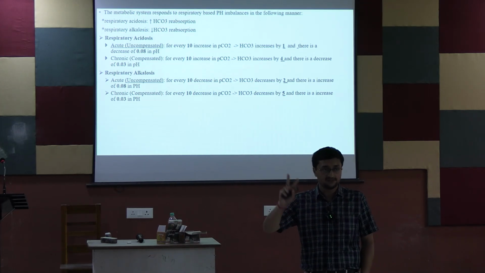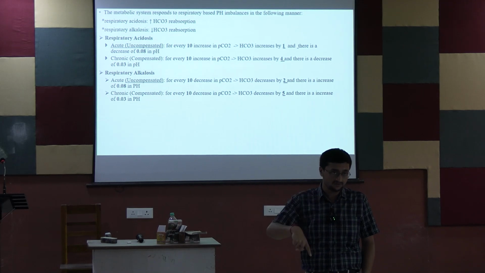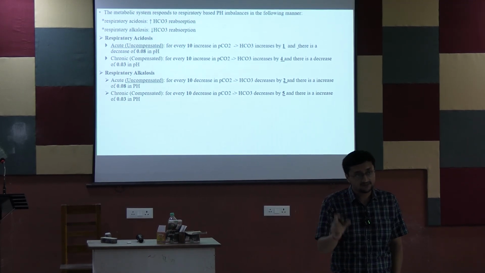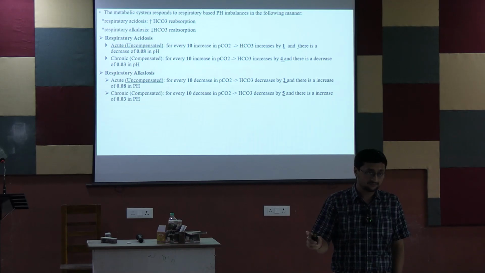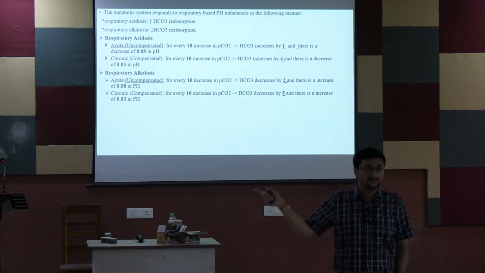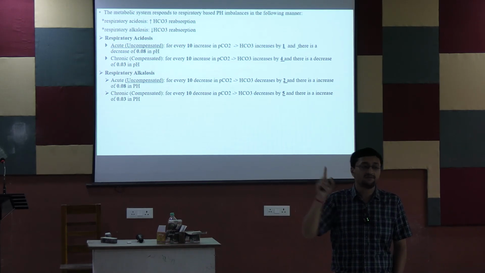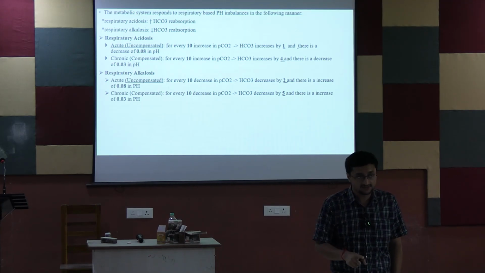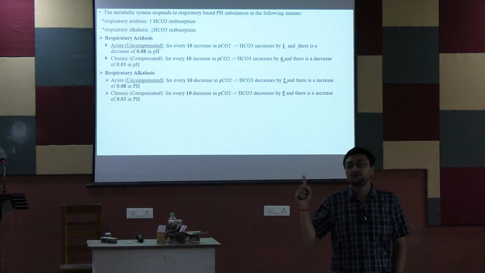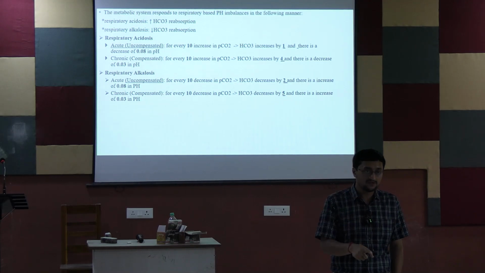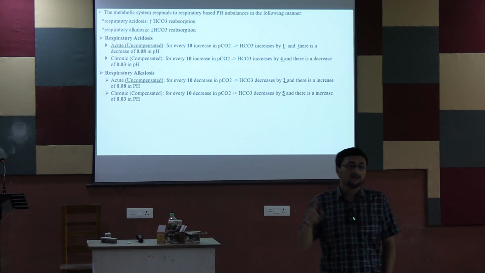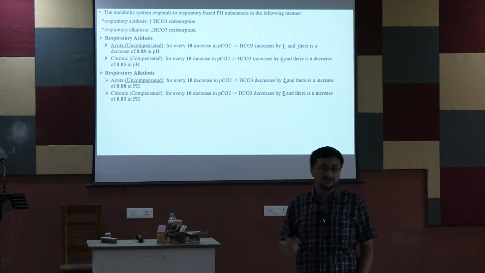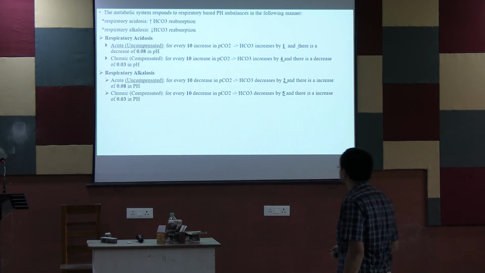Duto group is similar but different in acute and chronic. But what is different? That is the level of bicarbonate. 10 in 1 in case of acute respiratory acidosis, 10 in 4 in case of chronic respiratory acidosis, 10 in 2 in case of acute respiratory alkalosis, and 10 in 5 in case of chronic respiratory alkalosis, right?